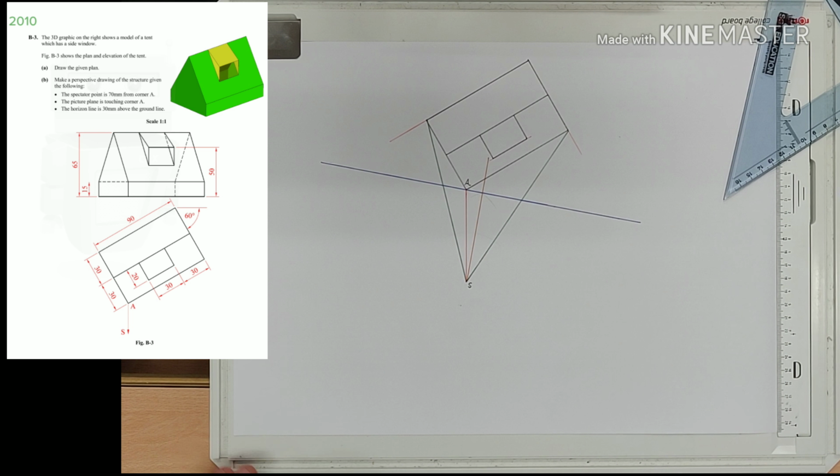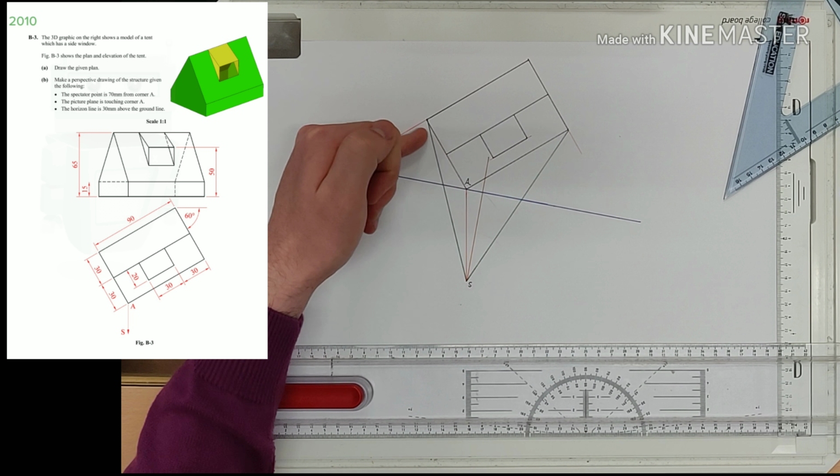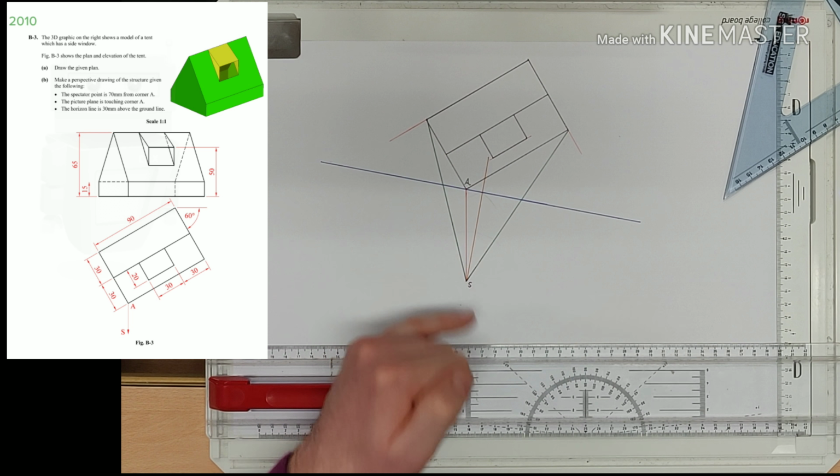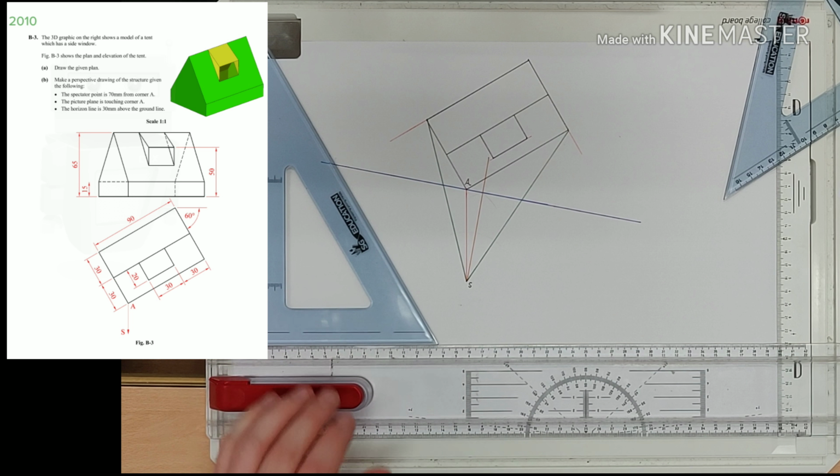Okay, so with that established, the next thing we have to find is our vanishing points. To find the vanishing points, we must follow the lines in our plan, the same from our spectator. What I mean by that is the angle that they are in the plan will be the same angle from the spectator.